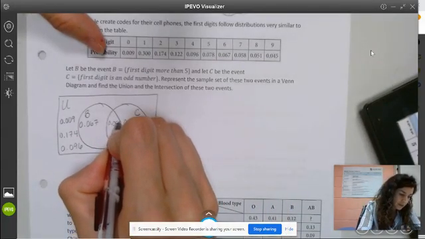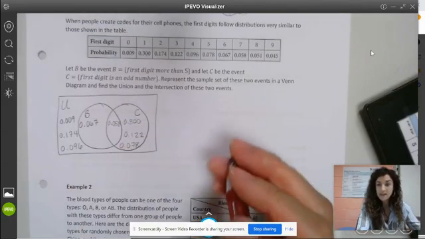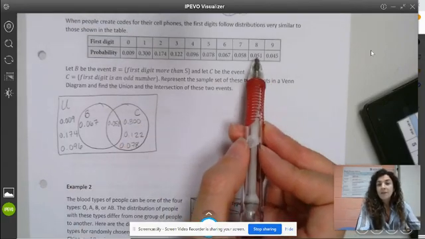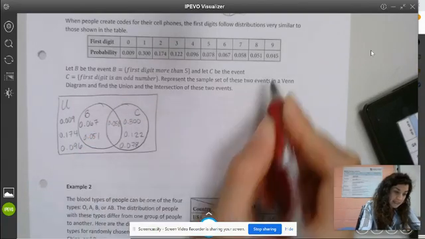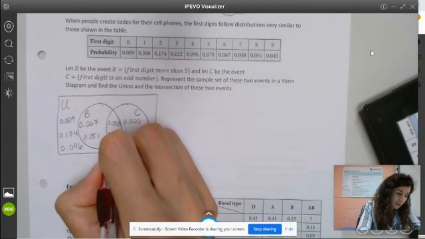That probability is 0.058, in other words, 5.8%. 8 satisfies B, but not C. 9 satisfies both.